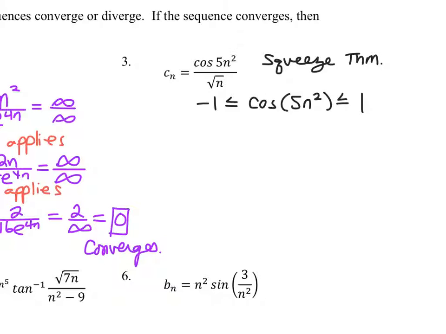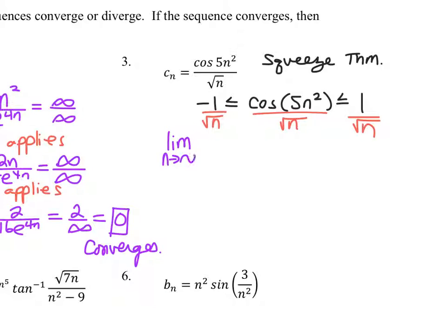So what I want to do is divide each part by the square root of n. Now I want to find the limit of each part of this inequality as n approaches infinity, which is more writing than you want to do, but it's got to be done.